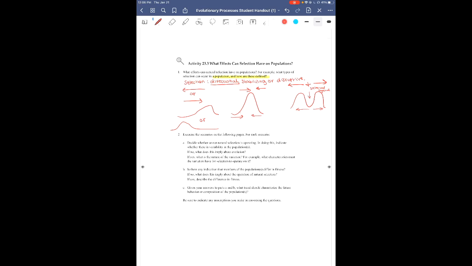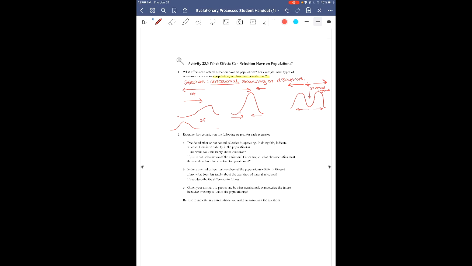And then we're also going to see if there is any indication for the members of the population to have different fitness. If they don't, then we're going to look at what that implies, and if yes, we're going to talk about what the difference in fitness is going to do, whether that's going to select for natural selection or against it. And then for part C, we are going to decide what the future behavior of the population is going to be.